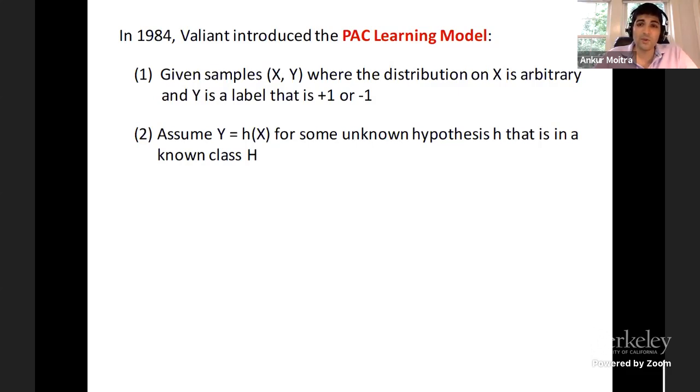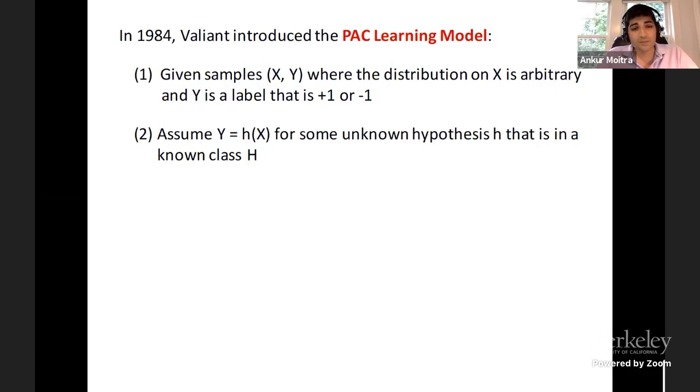And you think about the distribution on X as being arbitrary a lot of times. So there's some unknown arbitrary distribution on high dimensional vectors. And Y is a label that's +1 or -1. Now, the truth is you can think about richer labels than just +1 or -1. You can think about labels from some discrete or even continuous set. But let's keep it simple. So they'll just be +/-1 today.